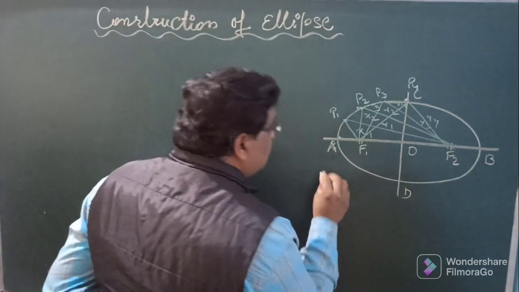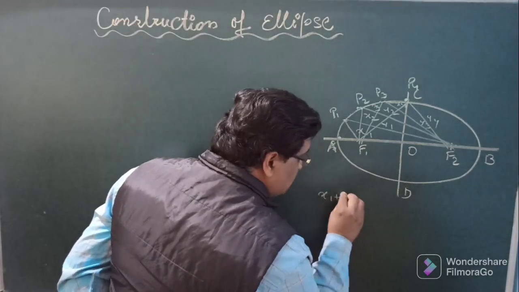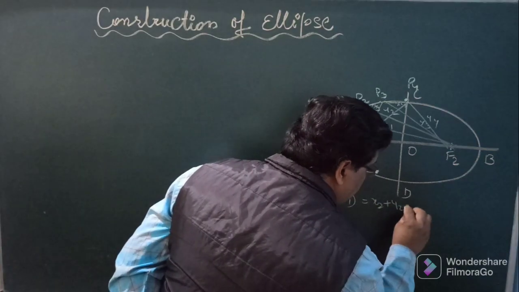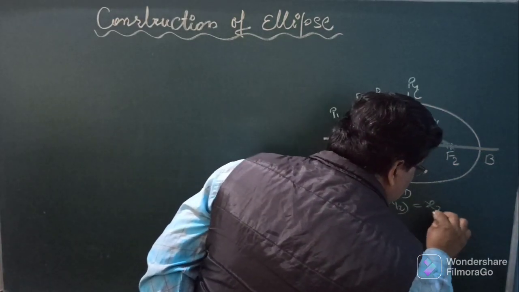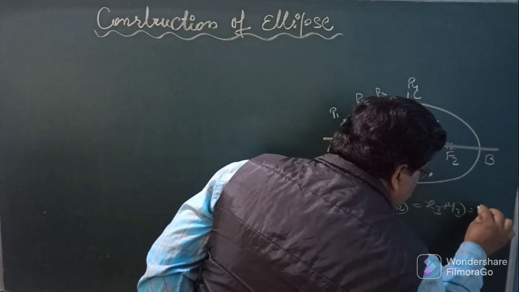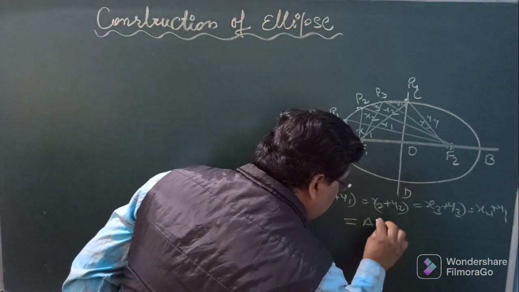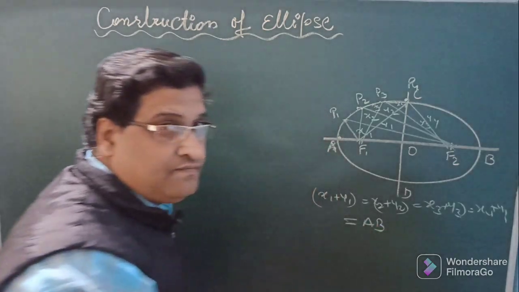So you can say that x1 plus y1 is equal to x2 plus y2 is equal to x3 plus y3 is equal to x4 plus y4, and this is equal to AB, that is major axis.